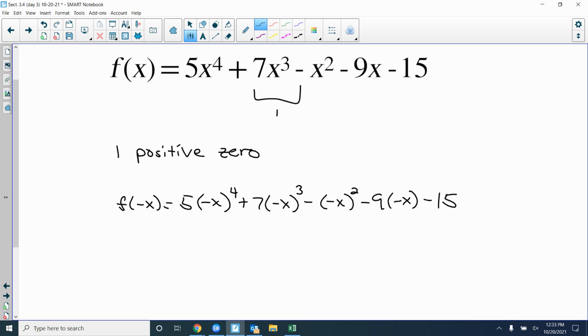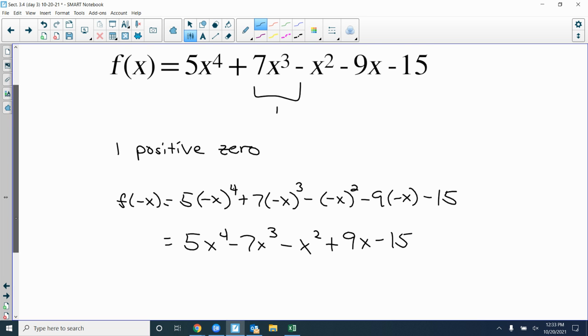Now, if you're thinking about your rules with negatives and powers, the only thing that should change to the opposite sign is an odd power. When you take negative x to the 4th power, it's going to come back as a positive. So that's 5x to the 4th. This will become minus 7x cubed. This will stay negative, x squared. This becomes positive 9x minus 15.